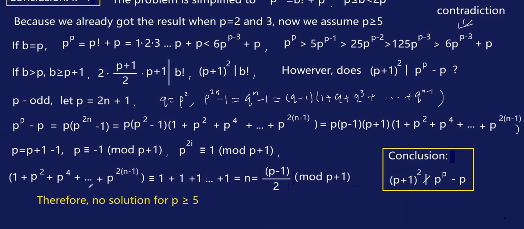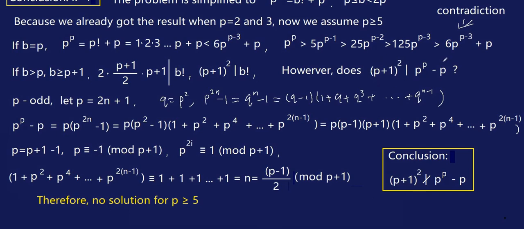So totally, the remainder will be n, and n is (p minus 1)/2. So when we divide this section by p plus 1, the remainder is (p minus 1)/2. It is not 0. So that side, p^p minus p, is not divisible by (p plus 1) squared.